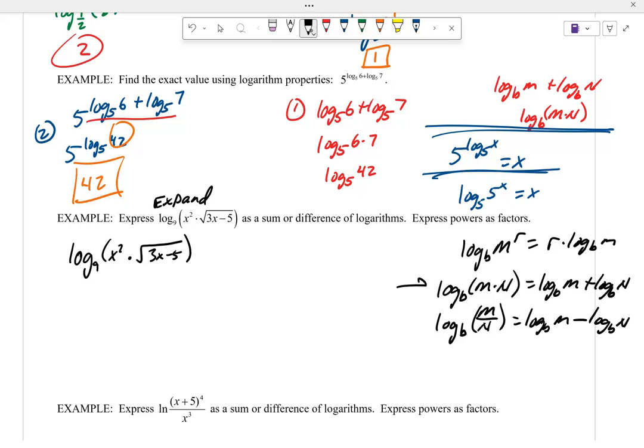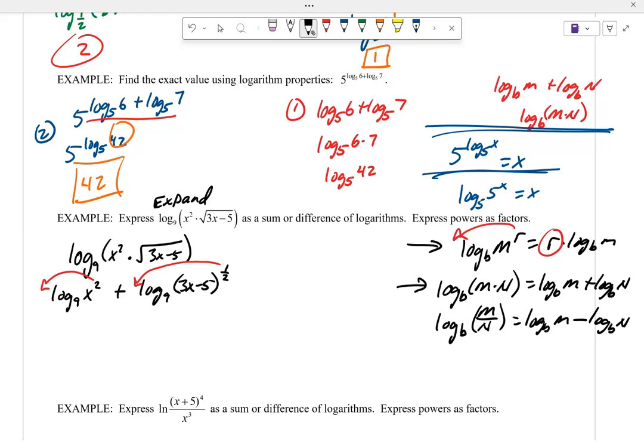So I'm going to use this second one right there, and I'm going to expand this. This will be log base 9 of x squared plus log base 9 of the square root of 3x minus 5. Now I'm going to write the square root of 3x minus 5 as 3x minus 5 to the 1/2, with my exponential notation there. And now I'm going to use the first rule, where I'm going to put that r in front. See how that power can go in front, so I'm going to put that 2 in front and that 1/2 in front.